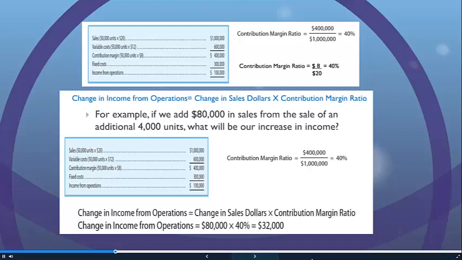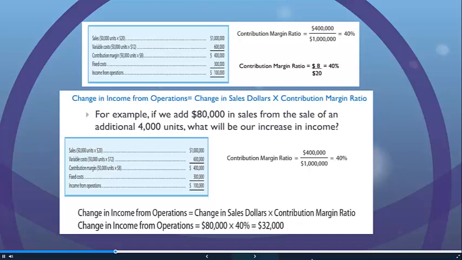Now, what do I do with this ratio? First, I can find out what change in income I am going to have based on a change in sales dollars. For example, if we add $80,000 in sales, an additional 4,000 units, what will our increase in net income be?